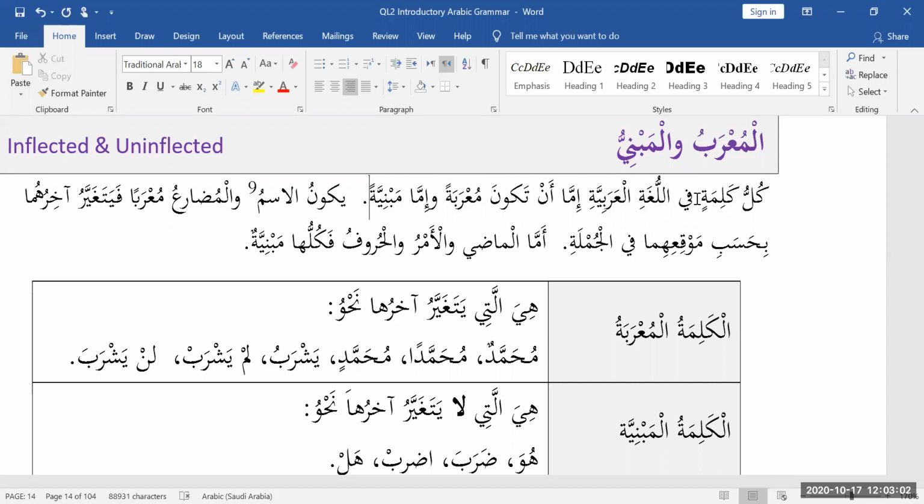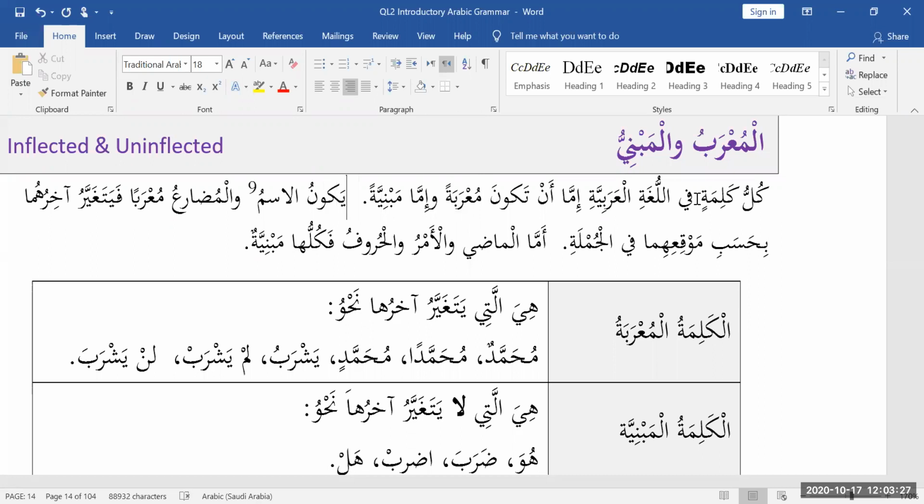Every word in the Arabic language is going to be either mabni, uninflected, or mu'rab, inflected. So inflected words are words whose endings change, and we'll talk about that more in just a minute. Uninflected words are those that never change.